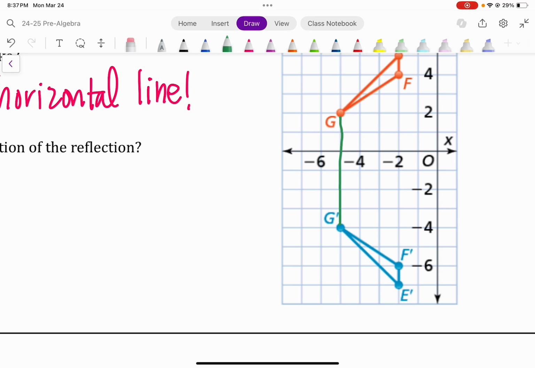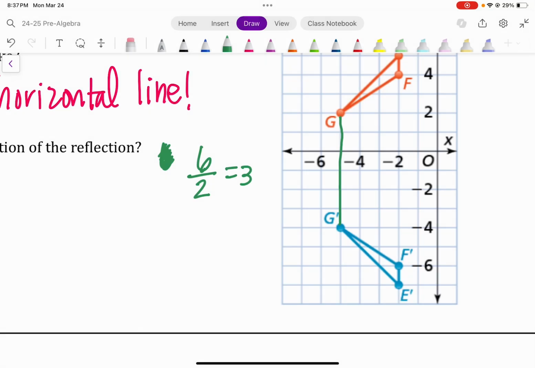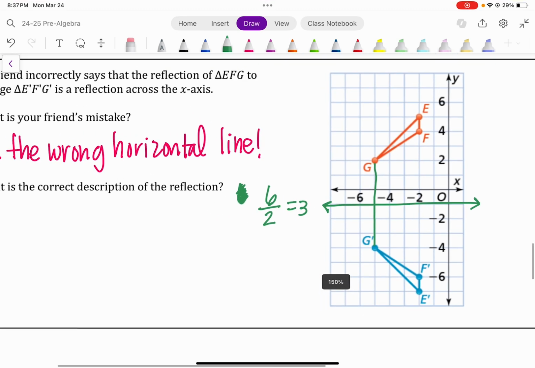So half of that, 6 divided by 2, would be 3. So 3 spaces, 1, 2, 3, would be this horizontal line that cuts through the y-axis at -1.